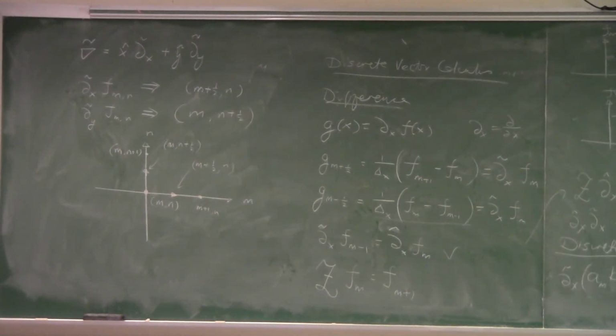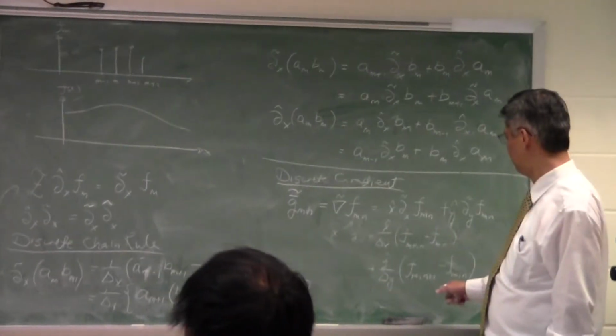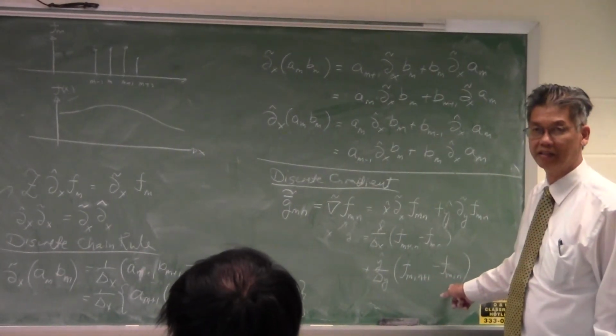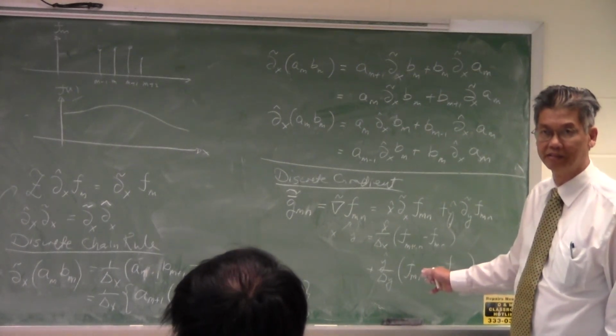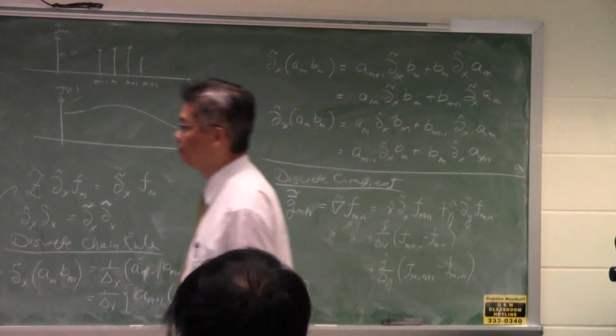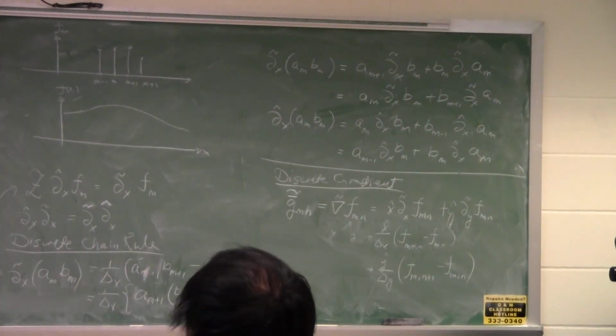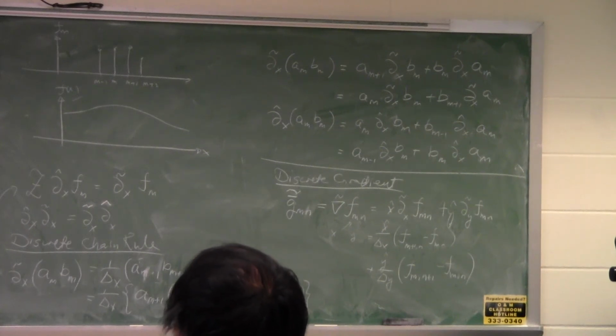It becomes a forward difference if you associate it with the value there. But if you associate it with the value that's midway in between, this actually becomes a central difference approximation. So you can think of the gradient as producing a vector at this point, represented by central difference. Why central difference? Central difference is more accurate than forward difference and backward difference.